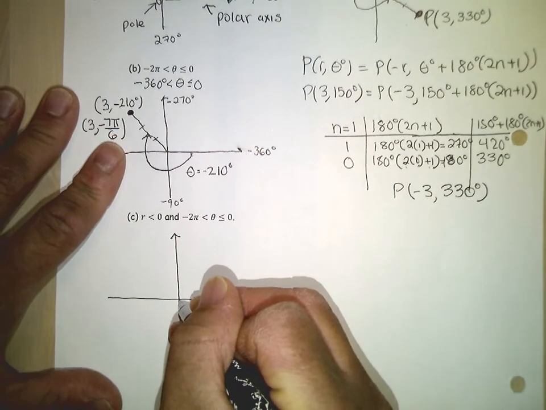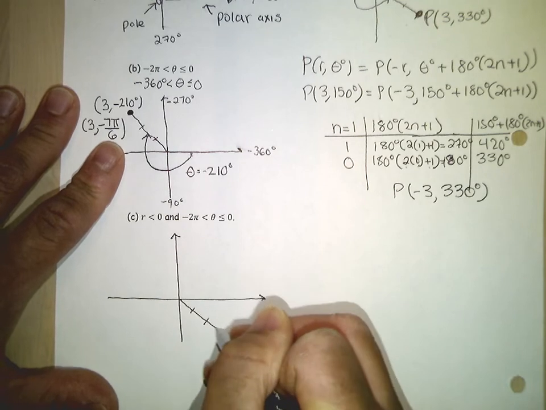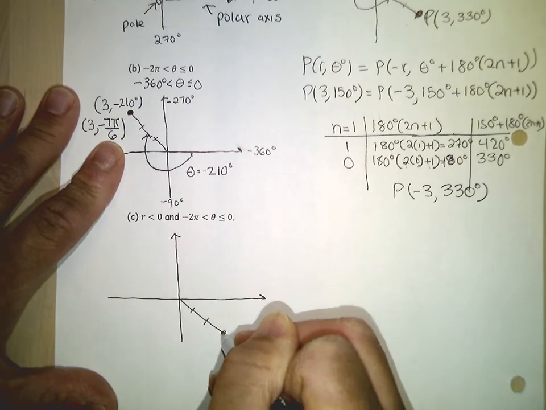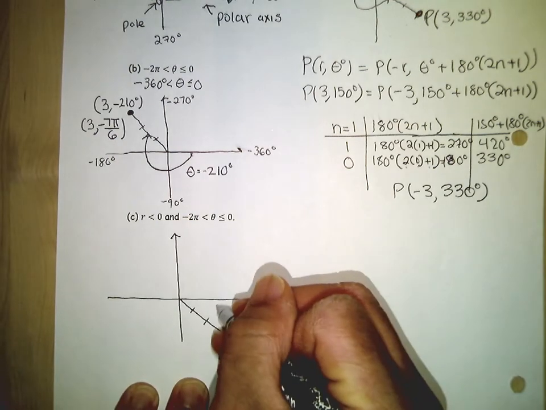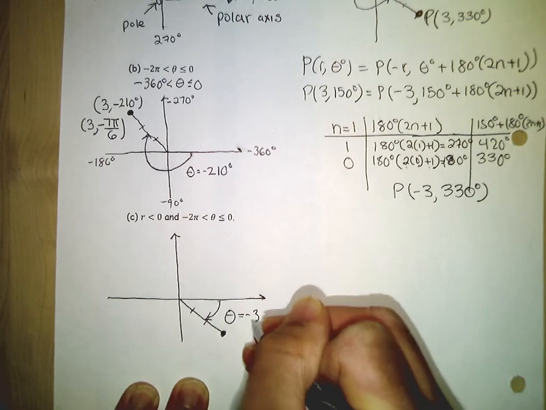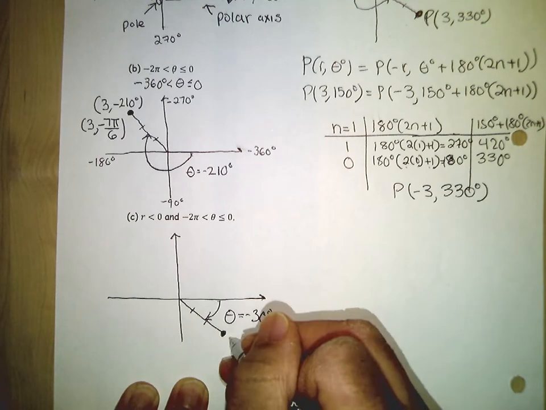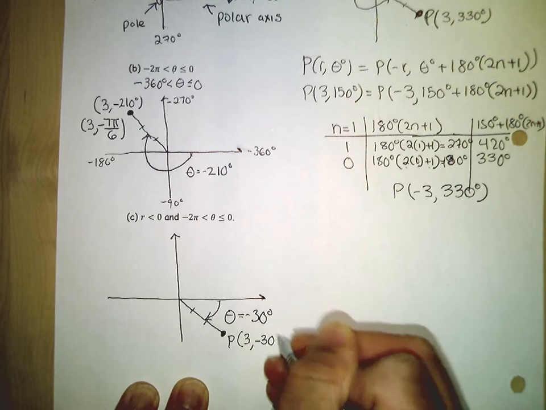So if r is negative, so here is 1, 2, 3, and now I just look at the negative angle to this point, and that will be theta is -30 degrees. So this is P of 3, -30 degrees.